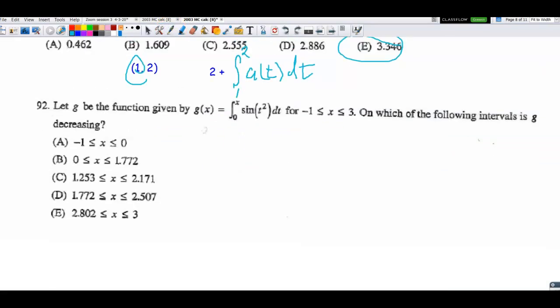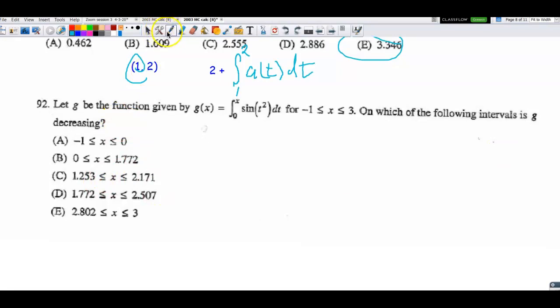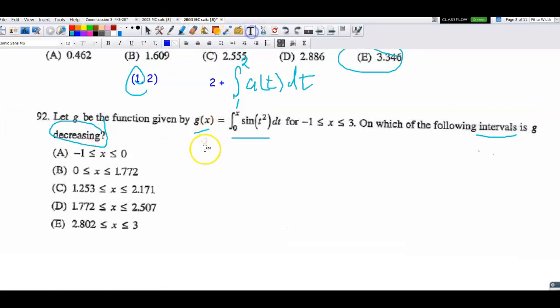Excuse me. And finally, number 92, we have a function whose name is g of x, and it's given by a definite integral from -1 to 3. On which of the following intervals is g decreasing? So g decreases when g prime of x is negative.